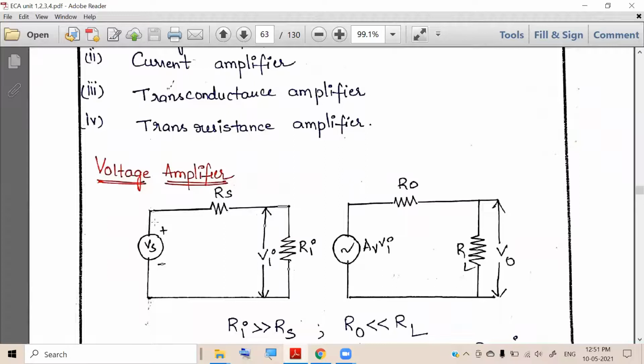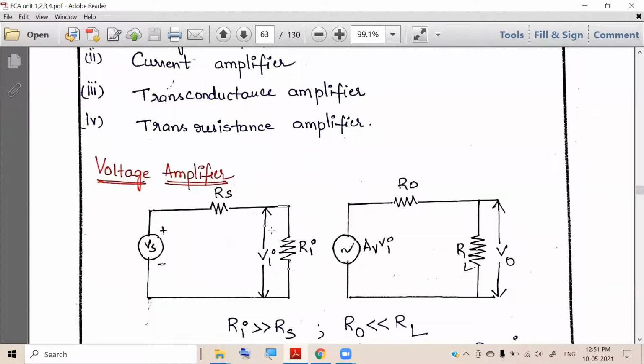Here, this is a single loop. Single loop means the current flowing is the same. So now for a voltage amplifier, the challenge is whatever Vs we give here, without loss, maximum of Vs should reach Vi.